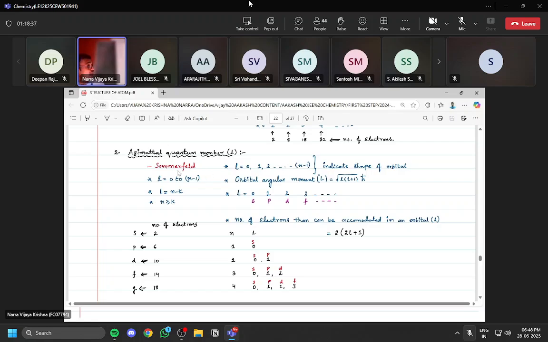This one is orbital angular momentum, root of l into l plus 1 h cross.